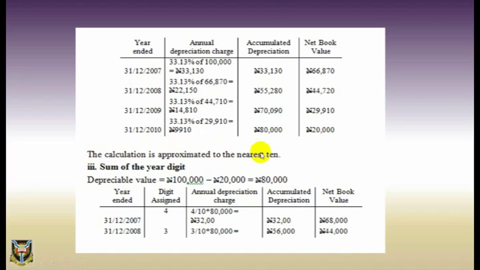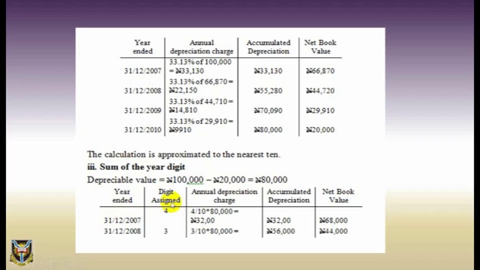The calculation is approximated to the nearest 10. 3. Sum of the year digit. Depreciable value is equal to 100,000 naira minus 20,000 naira is equal to 80,000 naira. Year ended 31st/12/2007.